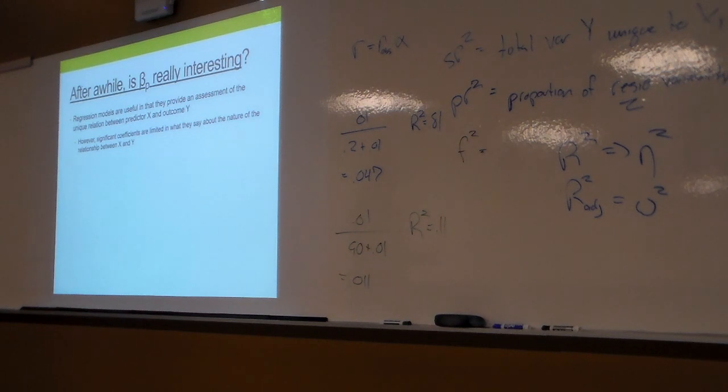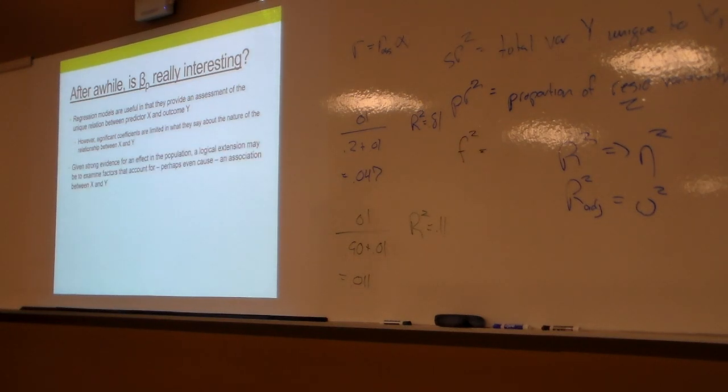How many times can I find that X is uniquely related to Y before that starts to get old? Basic regression models give us a sense of the unique relation between X and Y, but they're limited in what they can tell us about what's going on in this association.